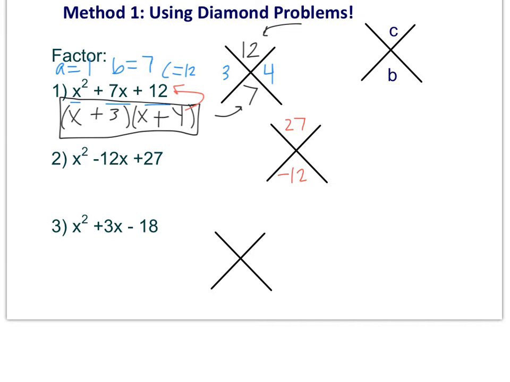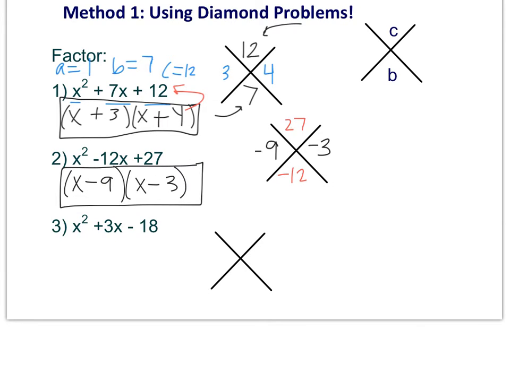Well, I know 9 times 3 gives me 27, but I need the right signs. The 9 and the 3 have to add up to be negative 12, but multiply to be 27. So they both have to be negative in order to get a positive 27 when they are multiplied, and to add up to be negative 12. So when I write down my factors, I get x minus 9 times x minus 3.